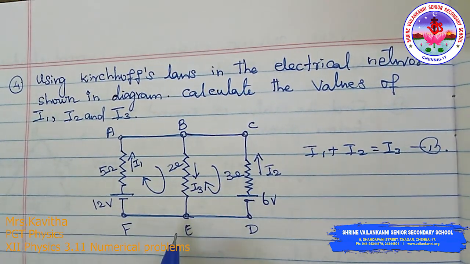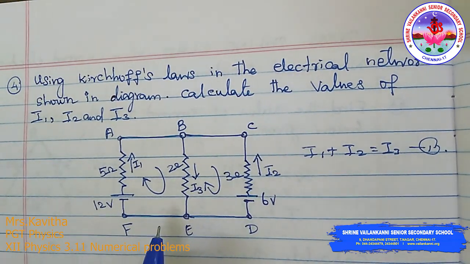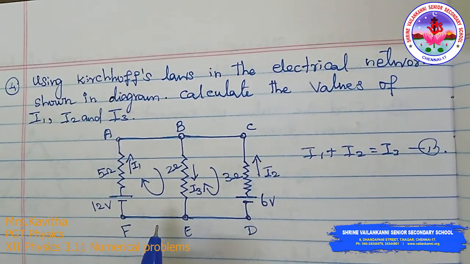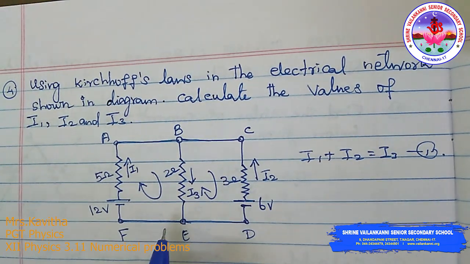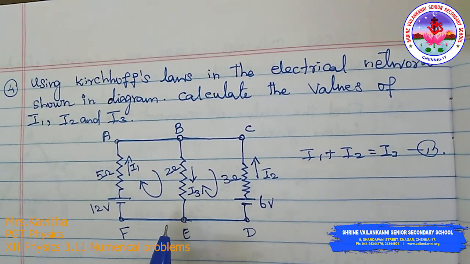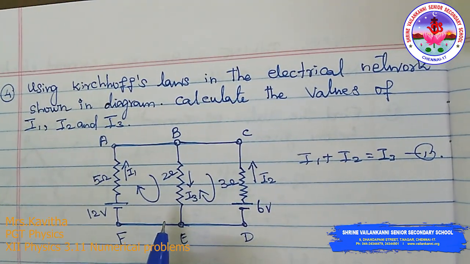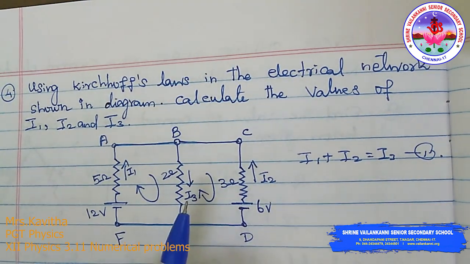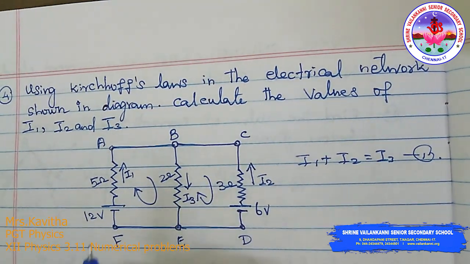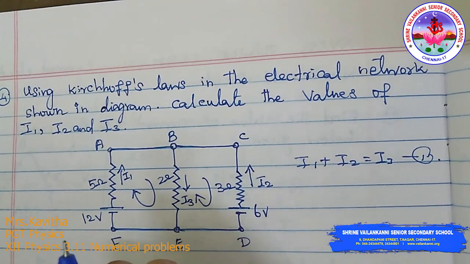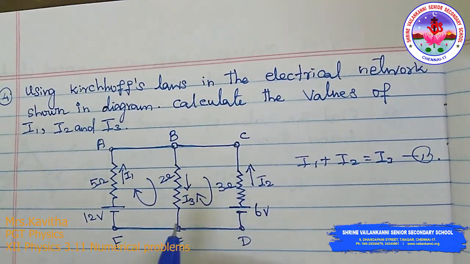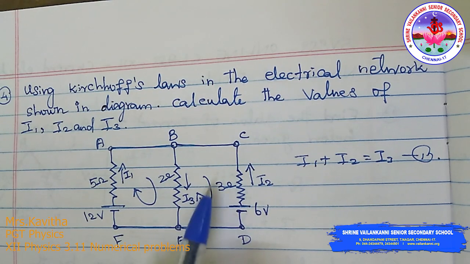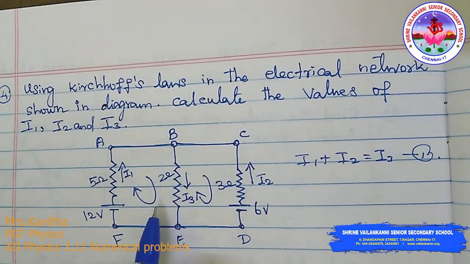Before applying it, we recall the law: summation of V is equal to 0. For the sign convention in the loop rule, first we take any direction as the direction of traversal, here they have taken this direction.